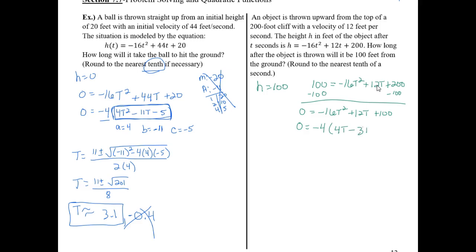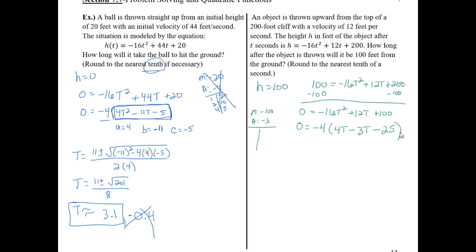squared minus 3t minus 25. So if I'm going to try to factor, I need something that's going to multiply to negative 4 times negative 25, which is negative 100, right? Our leading term was 4 here. So negative 100 and add to negative 3.